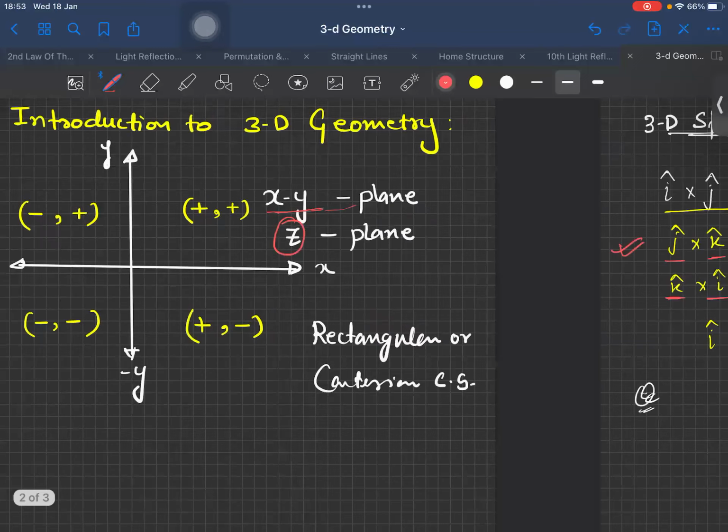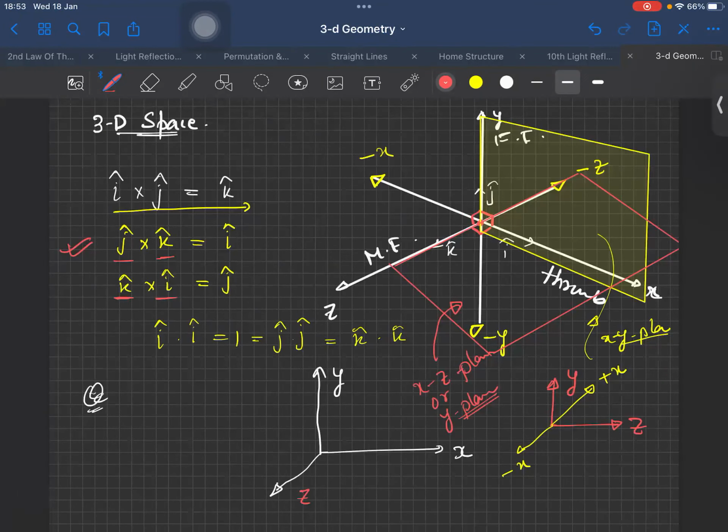Similarly, y is perpendicular on xz plane. Now how you will represent yz plane? So this will be our yz plane, or it is also called x plane, because x is perpendicular on yz.